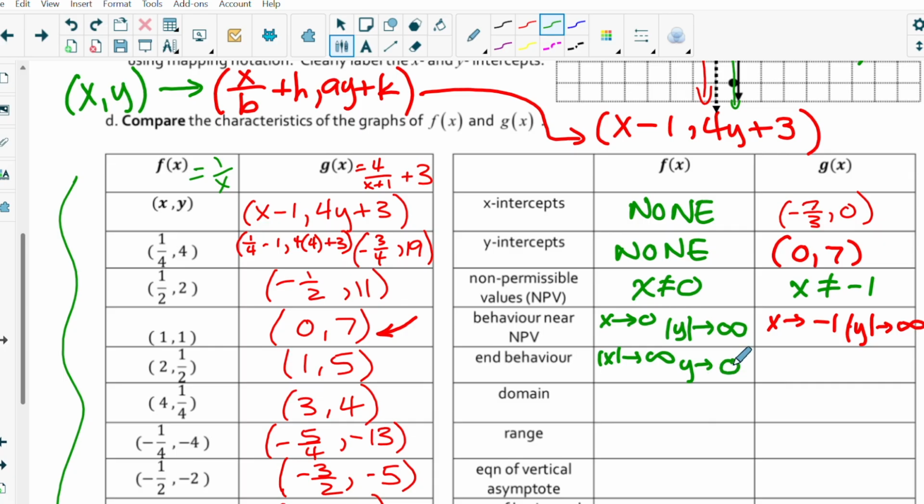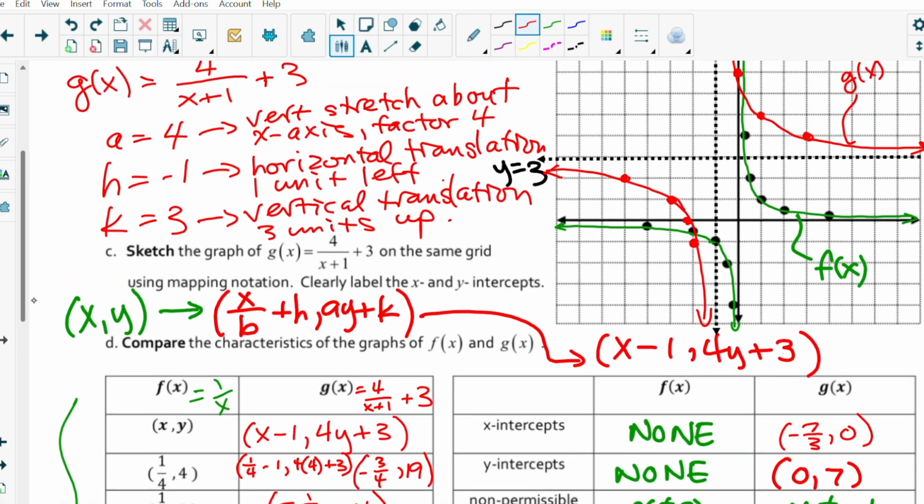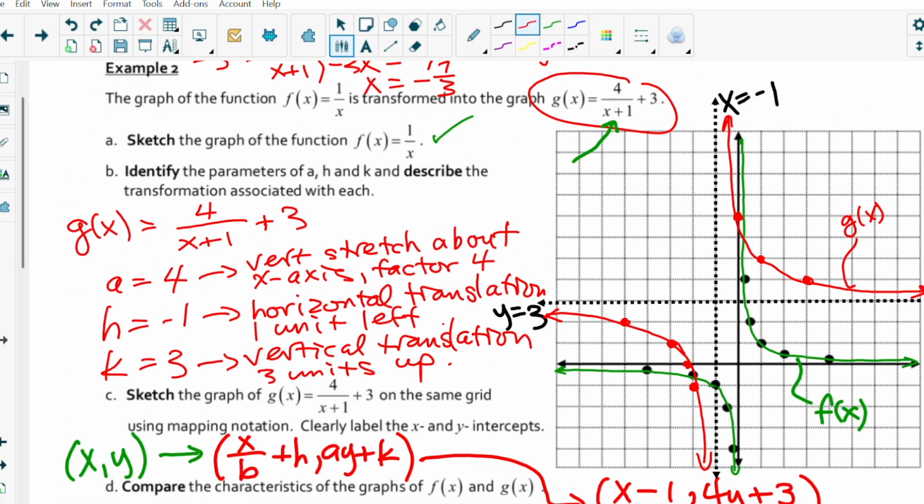Similarly, as the absolute value of x approaches infinity on g of x, y approaches what? 3. Let's take a look at that. As x approaches infinity, the y values go down, down, down, approaching that asymptote of y equals 3.